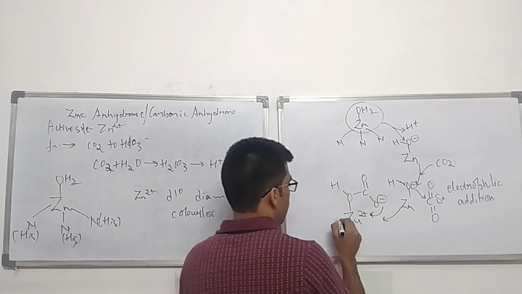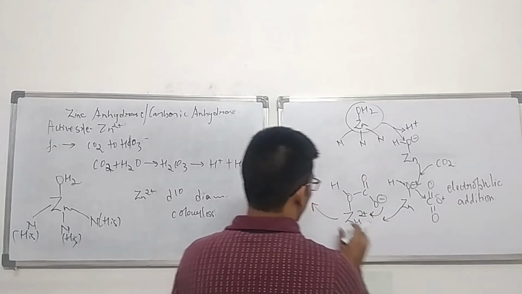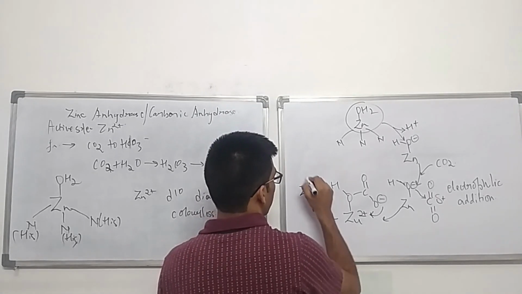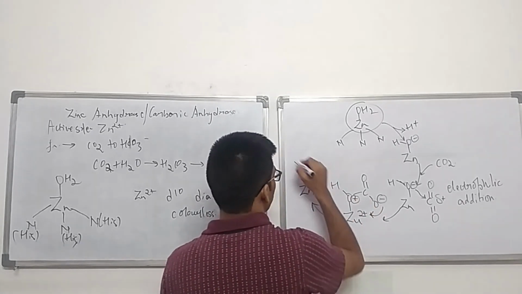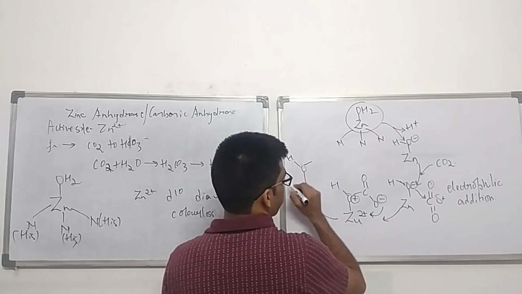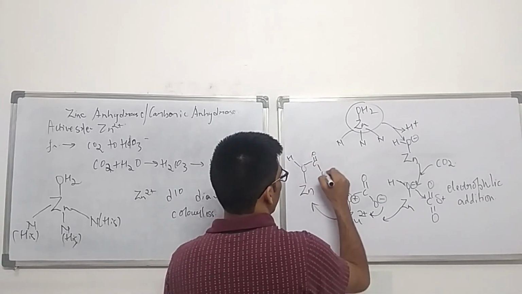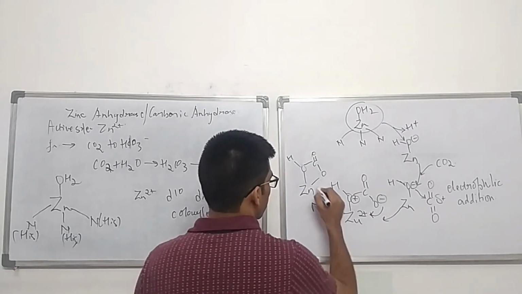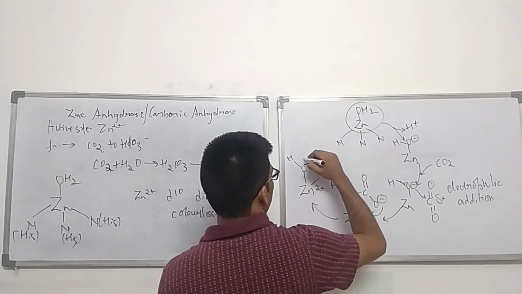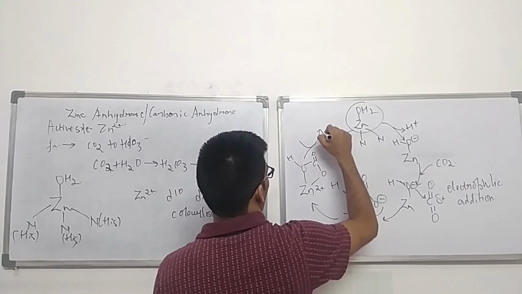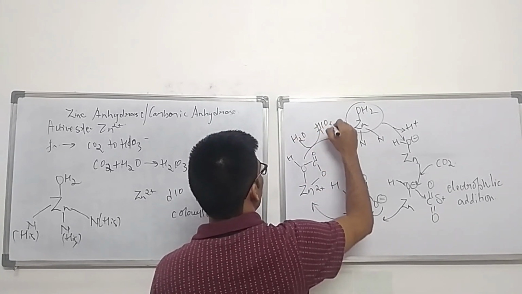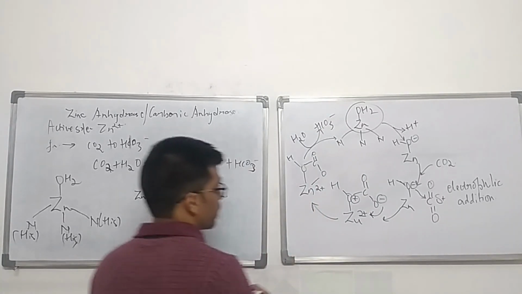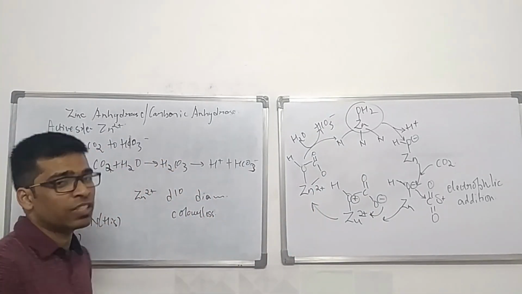Now this comes to one of the sites of zinc, now this got a positive charge, making a 5 or 4 membered ring. Now from this step to this step, this entire part is released as HCO3 minus. So this is the cycle which is occurring in case of zinc anhydrase.